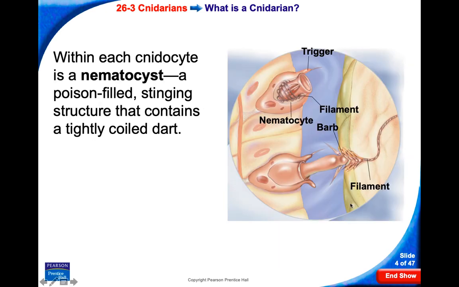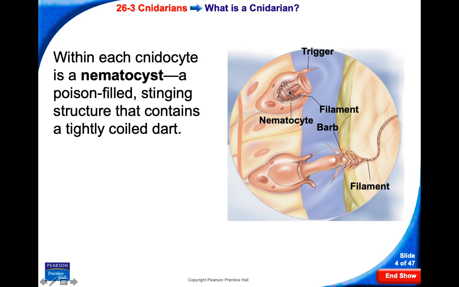Okay, that special structure is called a nematocyst. So here you can see, here's a cnidocyte, that specialized cell in the outer surface of the cnidarian, and the nematocyst is inside.